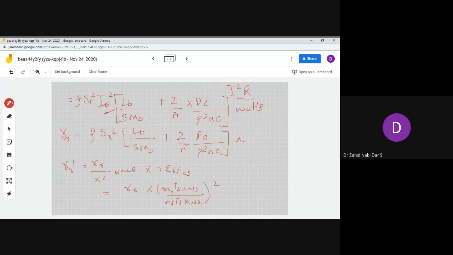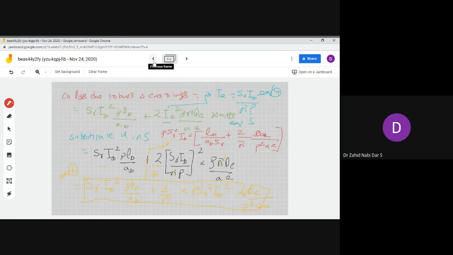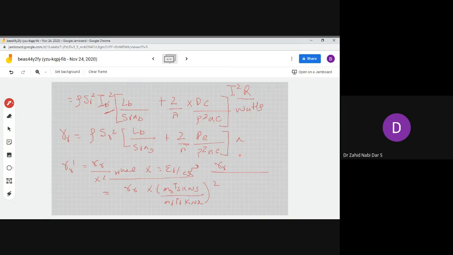Let this be equation 4, this equation 5, this equation 6, and this equation 7.